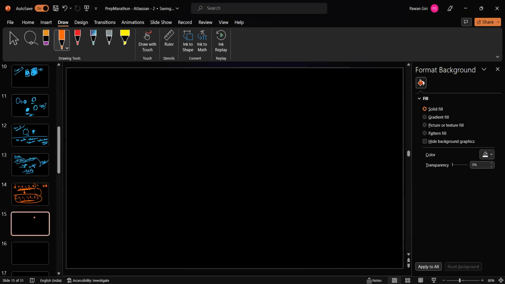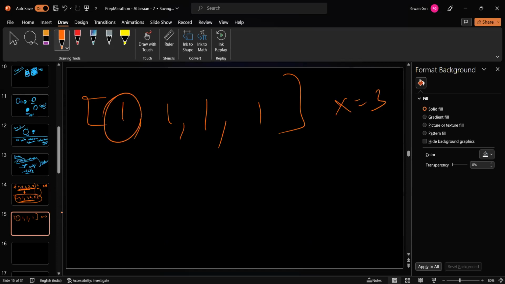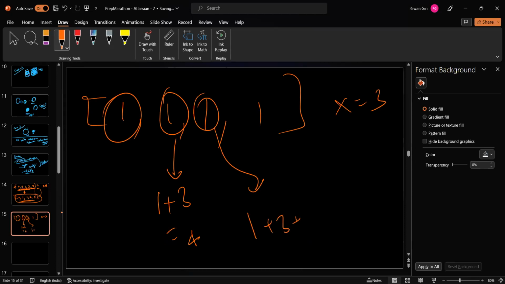So, what is allowed? Suppose there are 1, 1, 1, and 1. These ones are given to you, and the value of x is 3. So I have 1. In this one, I can add 3 to get 4. Here I can add 3 two times to get 7. Here I can add 3 three times to get 10.